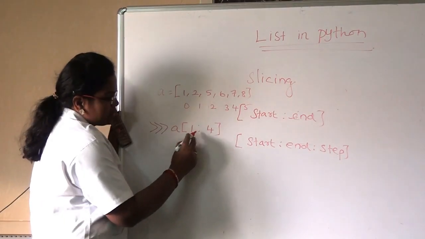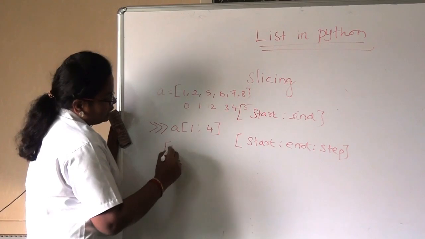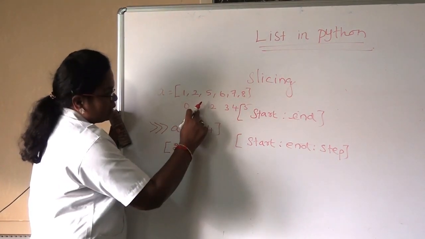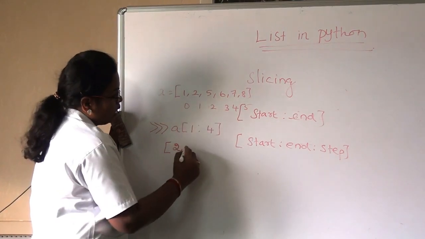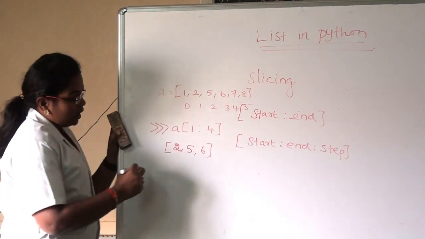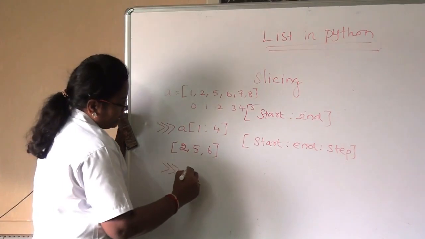This is the starting index and ending index minus 1. So the elements will be 2, 5, 6.